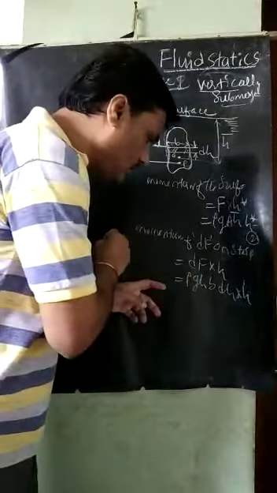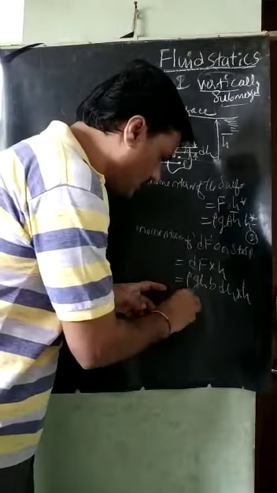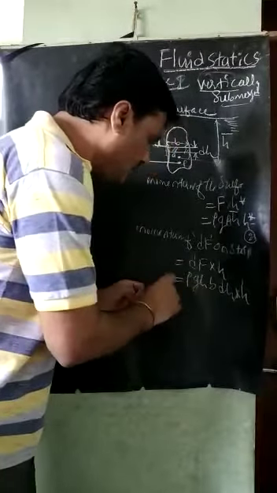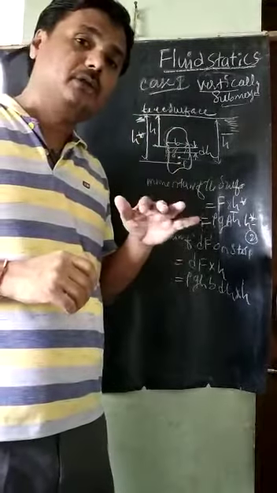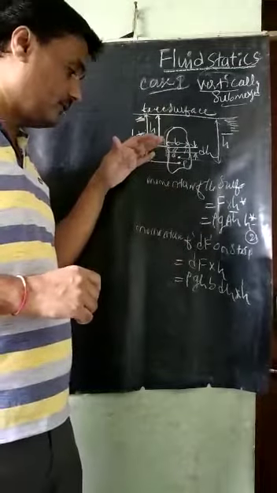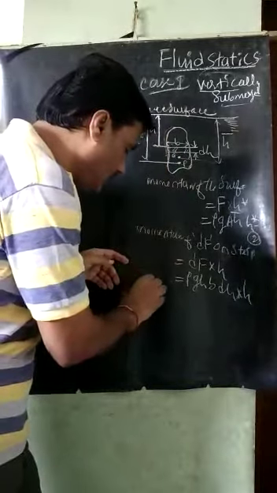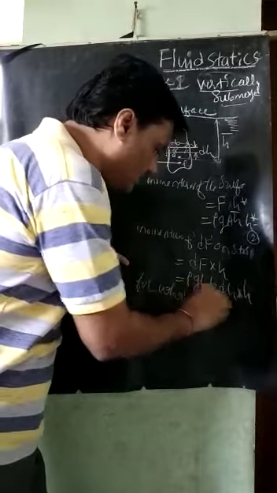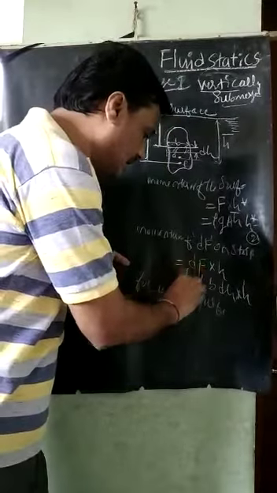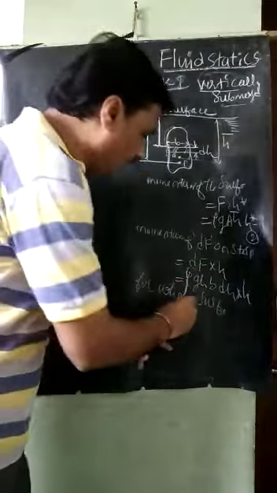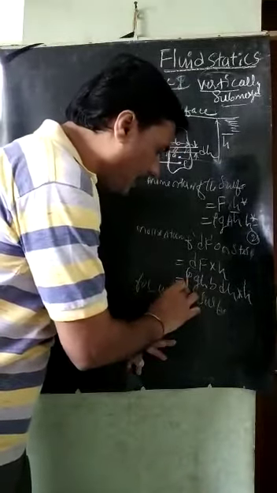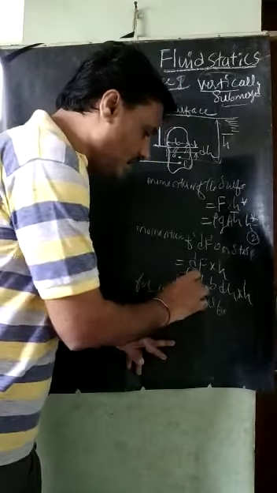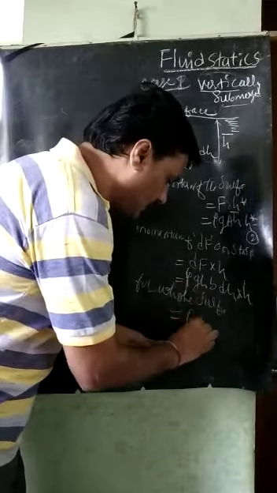So now what I will write, this equation I will write here. Then the momentum of the whole surface, for the whole surface, what we have to do? We have to integrate it. In that integration, rho and g are constant, I will take them out.